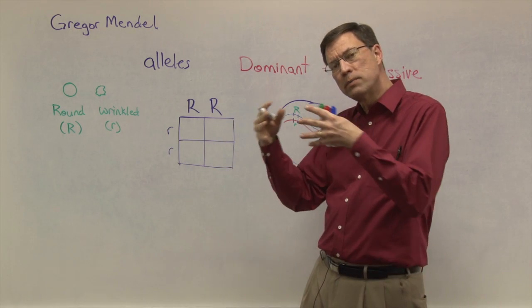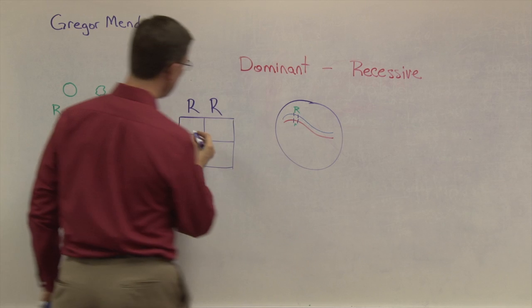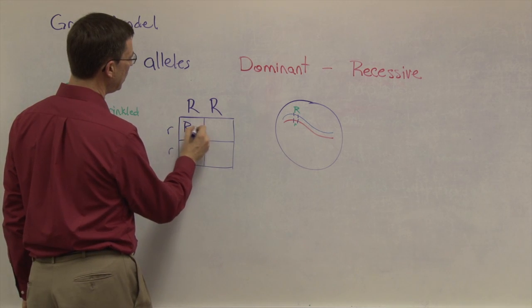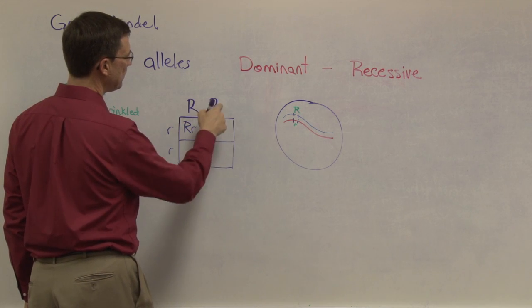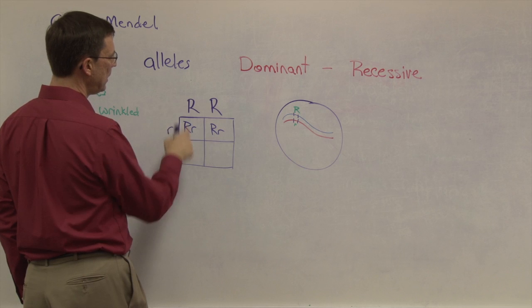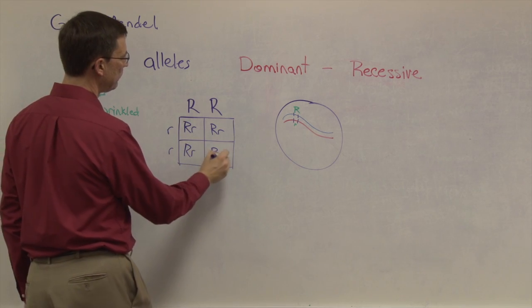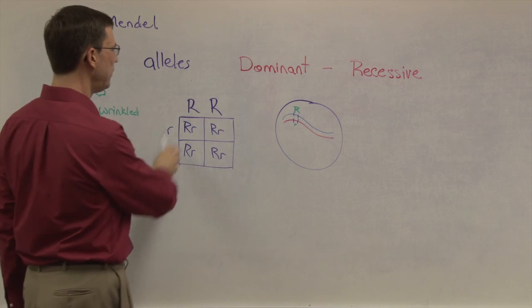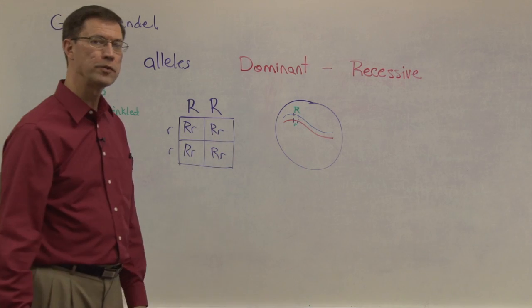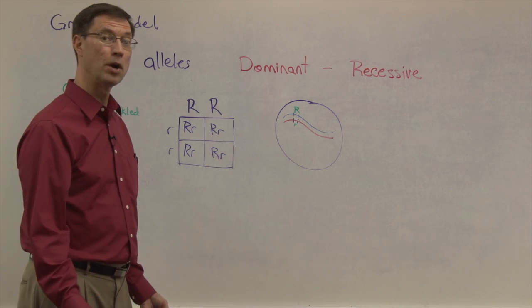And when he crossbred these two together, we end up with a capital R, little r. Capital R, little r. I'm taking here from here and here. And then down here, I take this letter and this letter, put them together. And notice that all of the possibilities for the offspring are exactly the same. Big R, little r.